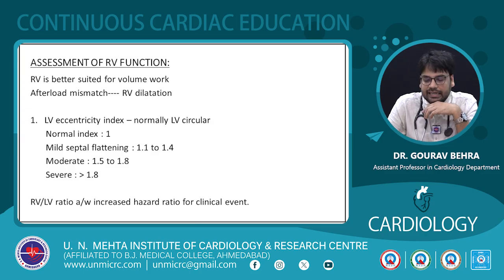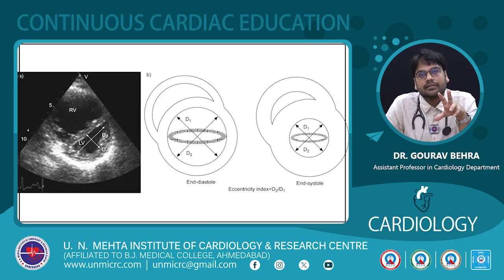So the eccentricity index is D2 by D1 at end systole. When you calculate D2 by D1, if it has changed, a D-shaped LV cavity means the circular shape has changed to D. So this says the patient's eccentricity index has increased, the RV is getting bigger, the annulus is getting smaller, and the RV is starting to fail.